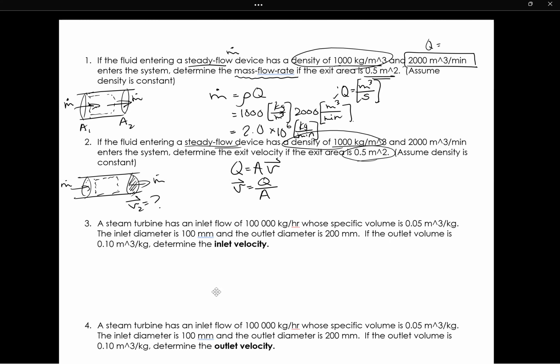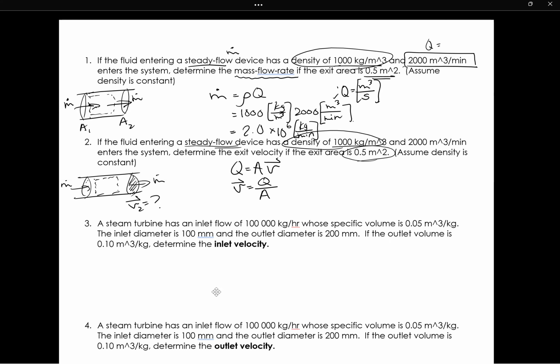2,000 meters cubed have to go through it in 1 minute. So in order for it to go through, it depends on the velocity. And in order for 2,000 meters cubed to go through this area each minute, of course, we can calculate how fast it should be going.